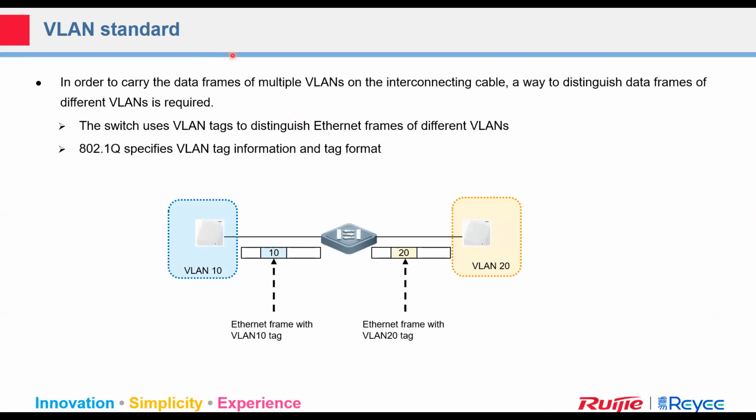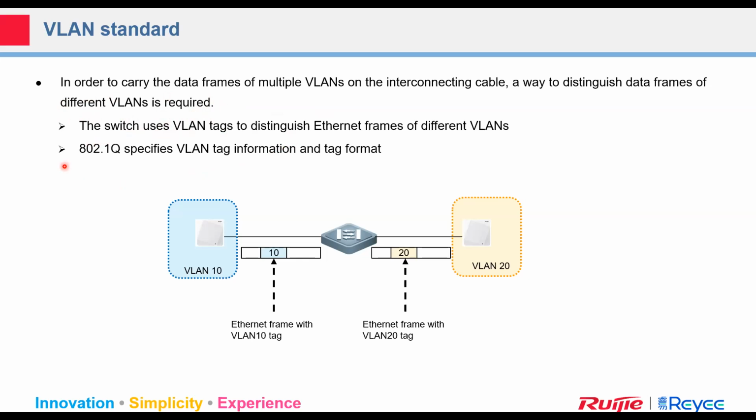As a standard, in order to carry the data frames of multiple VLANs in the interconnected cable, a VLAN tag is required. So the switch uses the VLAN tag to distinguish Ethernet frames of different VLANs.